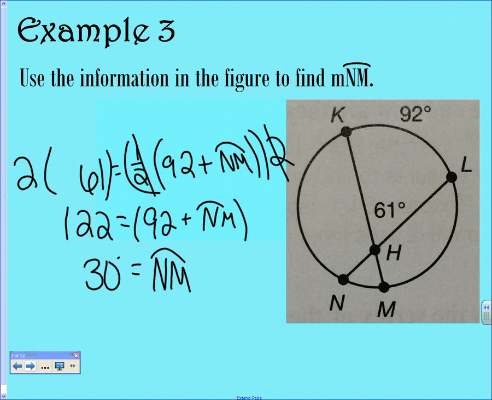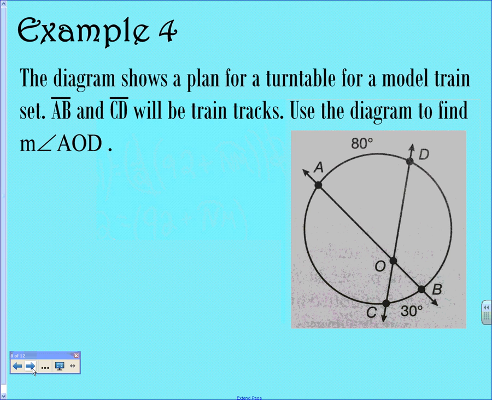And then you can check it. I'll plug a 30 in here. 30 plus 92 divided by 2 should give you 61. Do y'all see how that works? Okay. Let's look at another example.